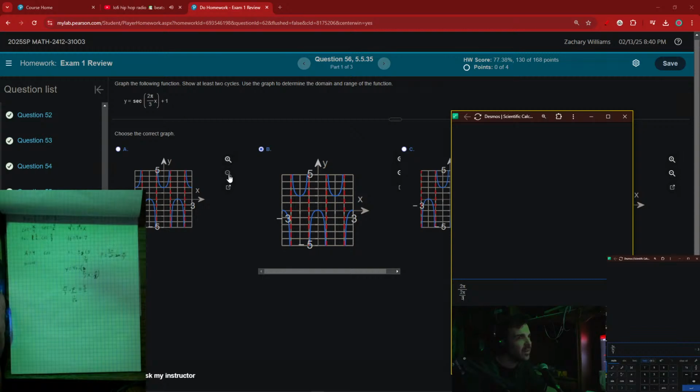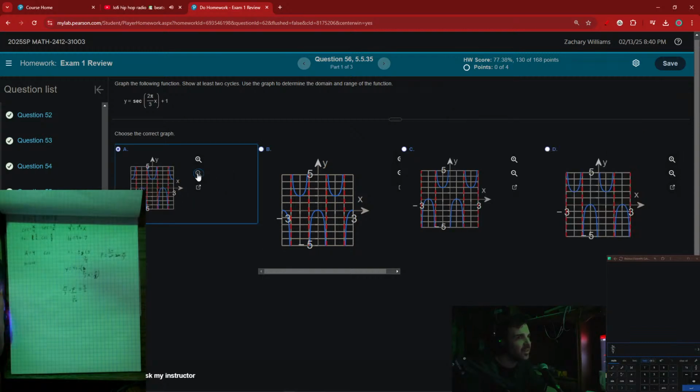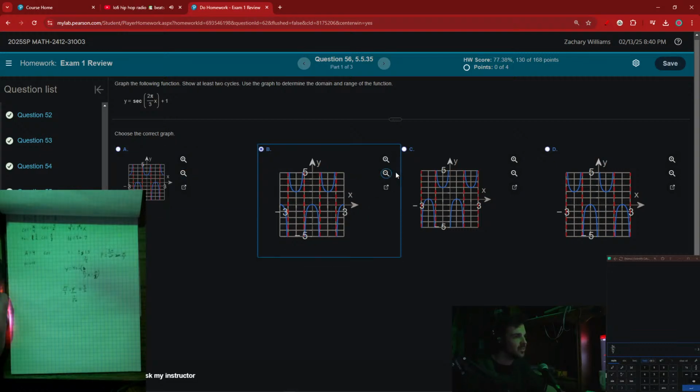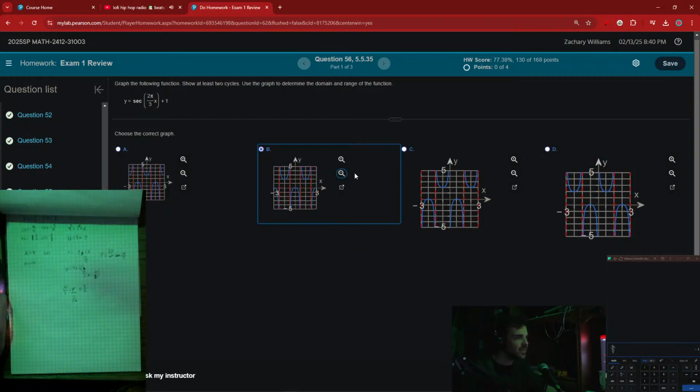Okay. I'm just gonna say this one's wrong because this would be the inverse function. This one's wrong. Cosine starts above the x-axis.